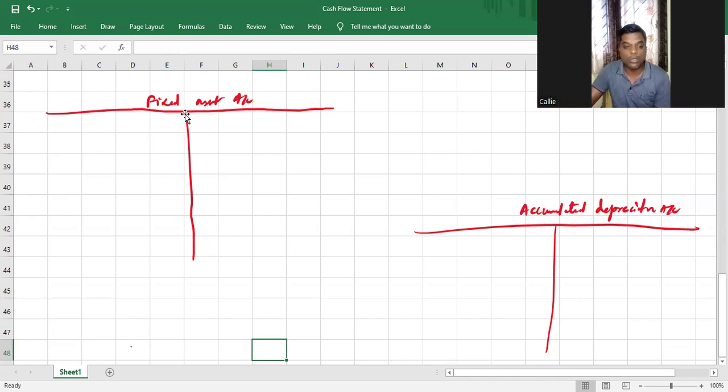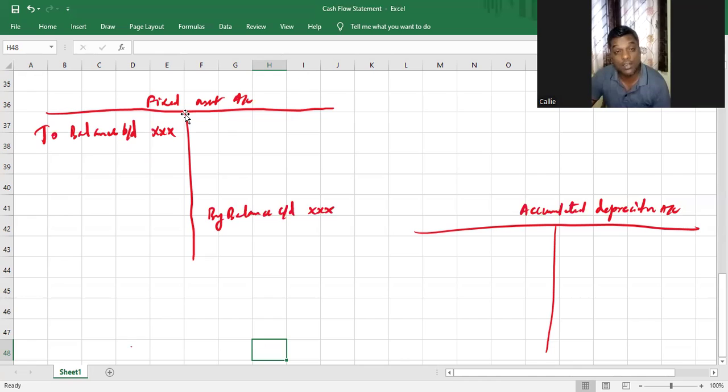So as I told you, you will find the opening balance, and as a fixed asset is an asset account, the opening balance will be written on the debit side, and the closing balance will be written on the credit side. Now, where to find the opening balance from? You'll find it in the balance sheet. While I'm solving the 6-mark question in the upcoming videos, you'll see where I found the opening balance and closing balance from.